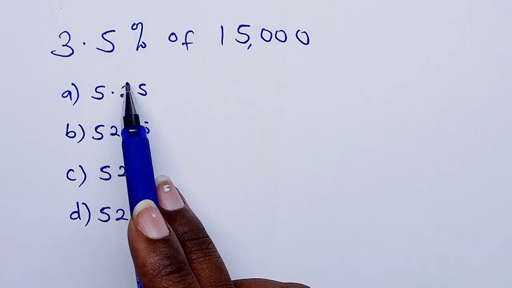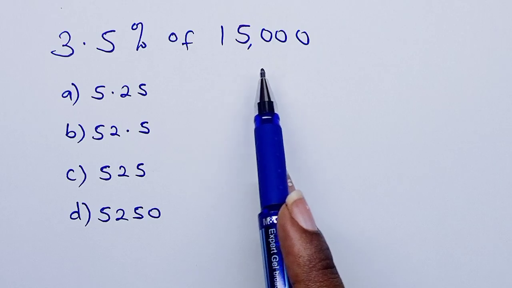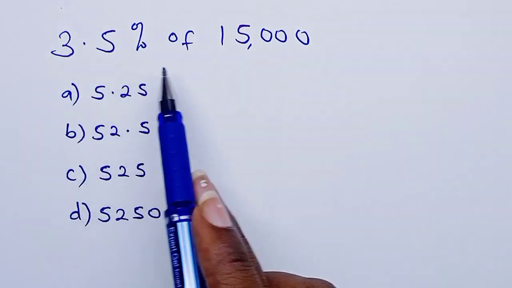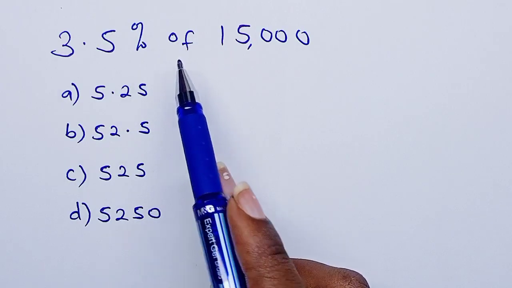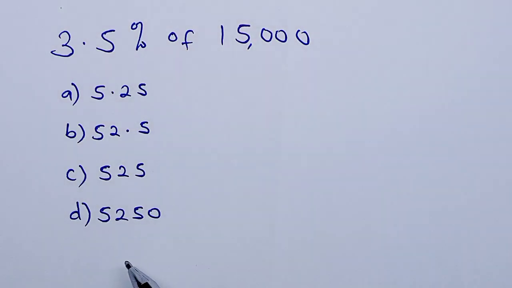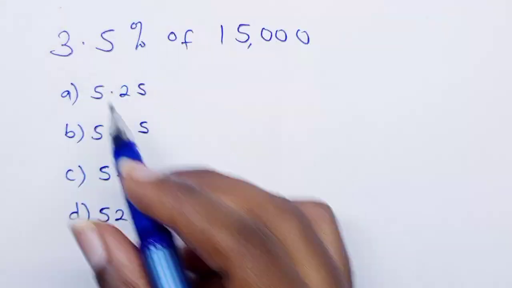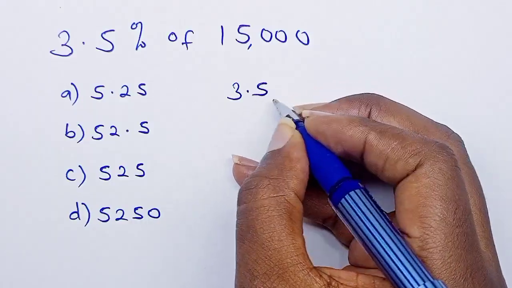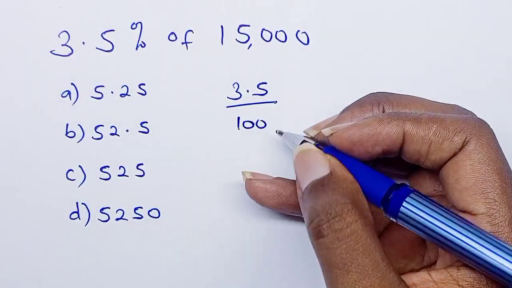So we have 3.5% of 15,000. First of all, we have to know what this means and what this means. Now we know that percent means over 100. So this simply means 3.5 over 100.